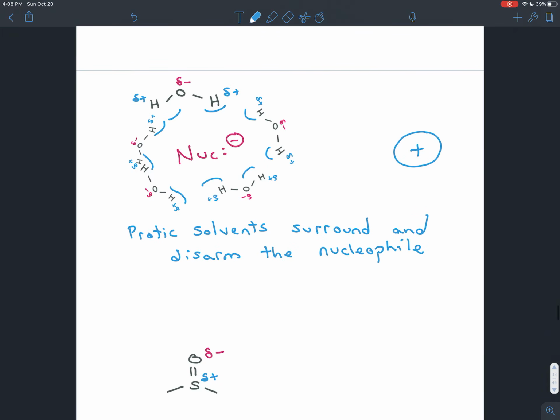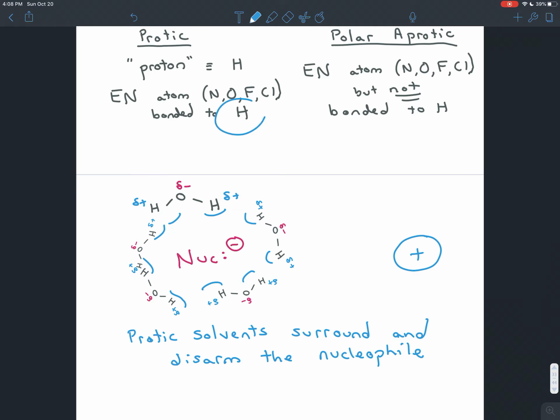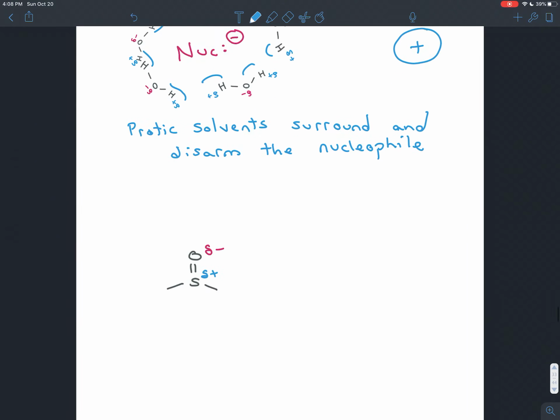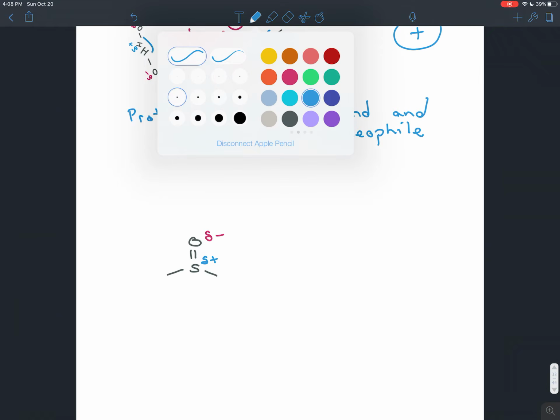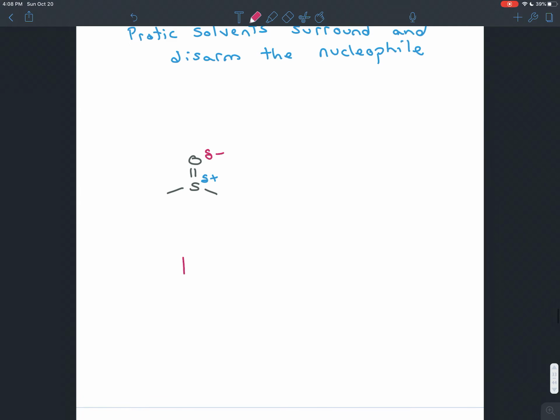Here, in a protic solvent, because it's bonded to hydrogen, the hydrogen is always on the outside of the molecule. The positive charge is always exposed to any nucleophile in the solvent. But if the solvent is polar aprotic, then the positive charge is buried in the middle of the molecule. And now, if a nucleophile is trying to move through the solvent with its negative charge, it's protected from the positive charge of the solvent because the positive charge is in the middle of the molecule.